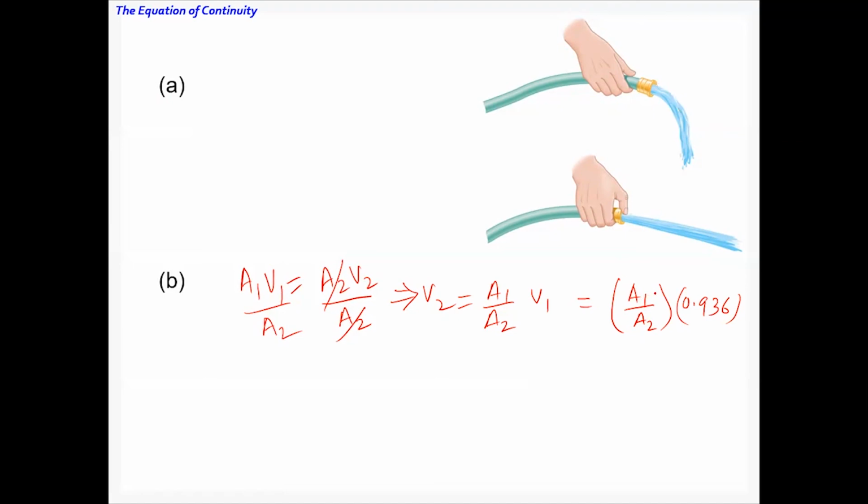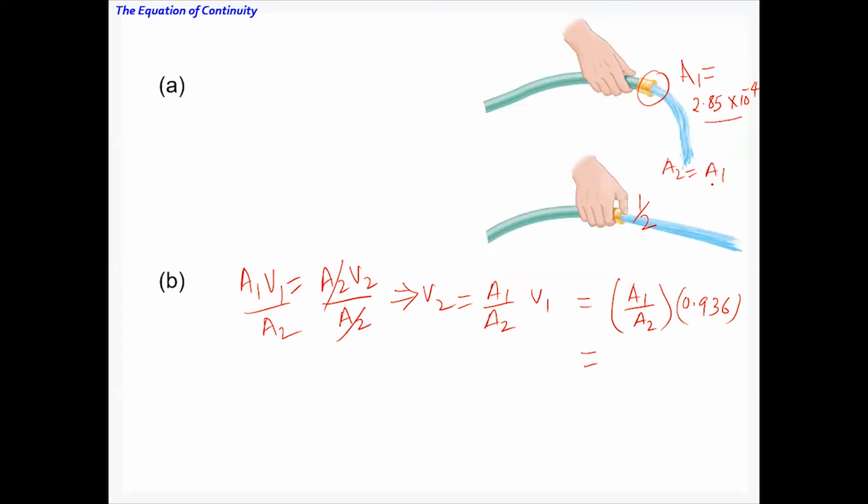We need just the ratio of A1 and A2, because if A1 is 1, A2 is 1/2. A1 is 2.85 times 10 to the negative 4, then A2 will be A1 divided by 2.